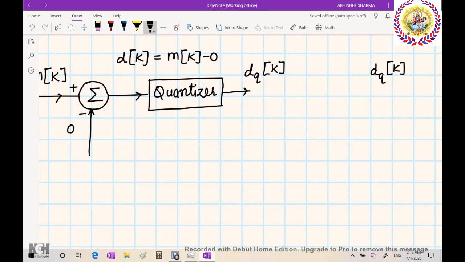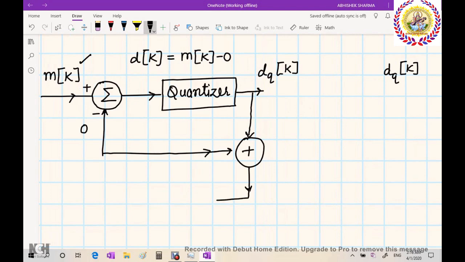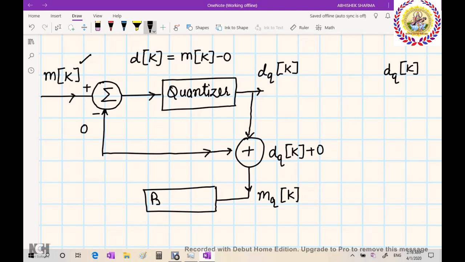Now how can we calculate the next difference for the next sample? For this purpose we will add this 0 with the present dqk, and here we will get dqk plus 0, which is nothing but mqk. Now it goes inside the predictor.